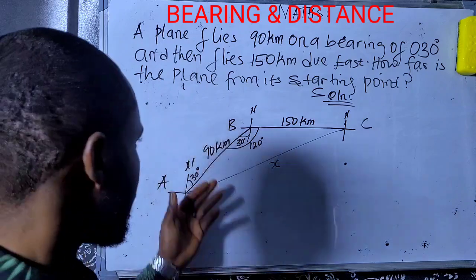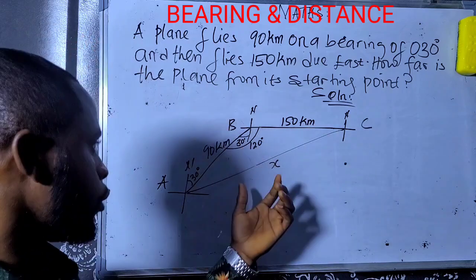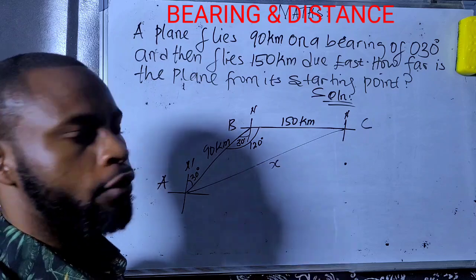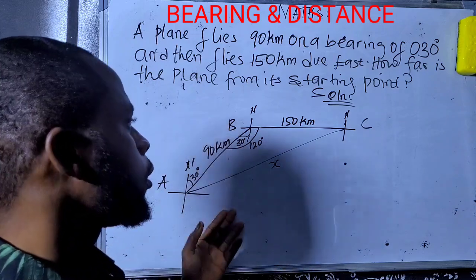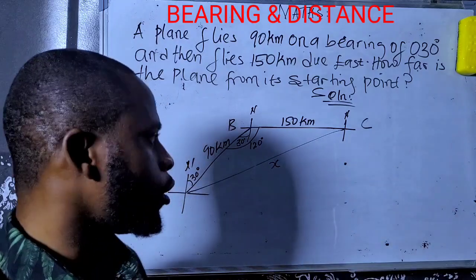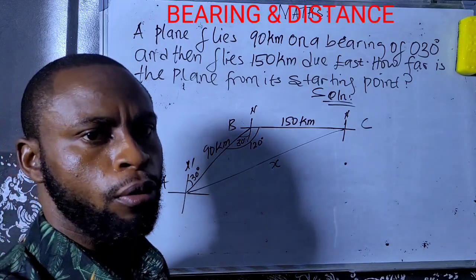Now, since two sides of the triangle have been given and one angle has been given as well, and you're asked to calculate this distance, the formula we're going to apply here is what we term the cosine rule.